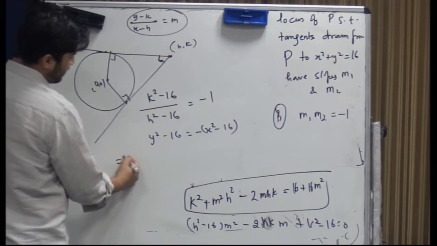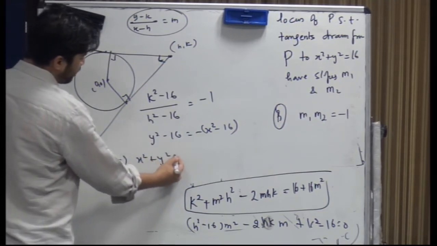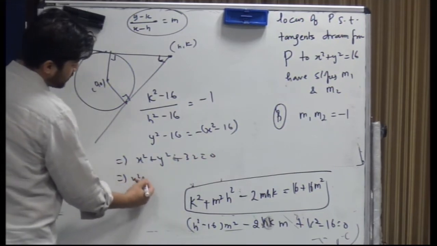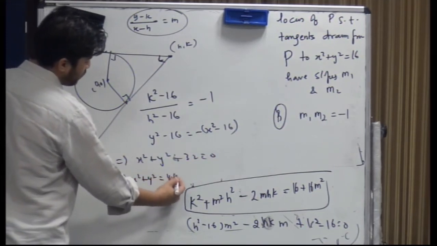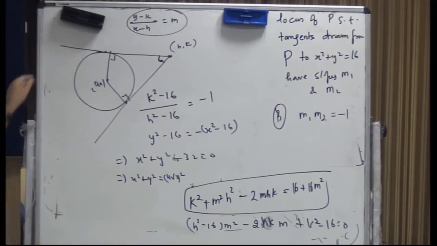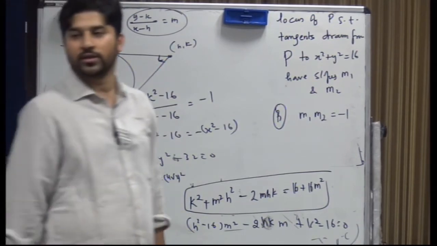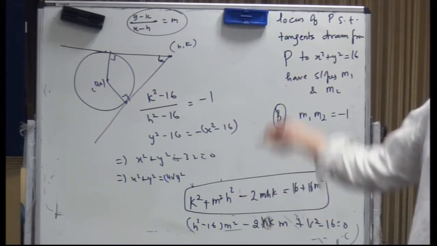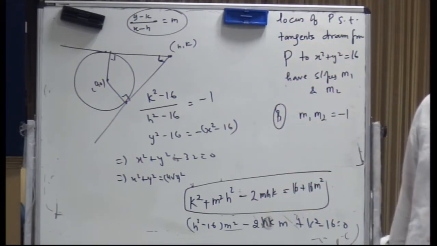If I take it here, it will become x square plus y square is equal to 32, which becomes x square plus y square is equal to (4 root 2) whole square. So that locus is going to be a circle. What type of circle? Concentric to the original circle. And what's the radius? 4 root 2.